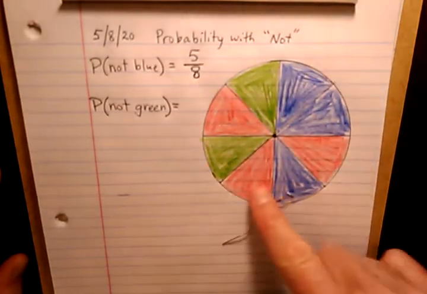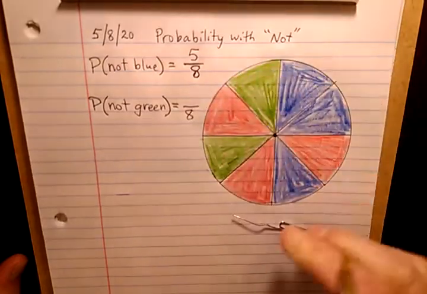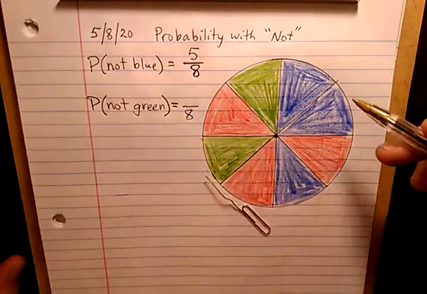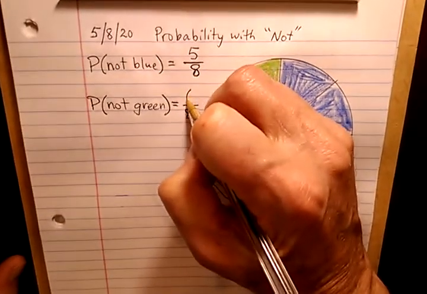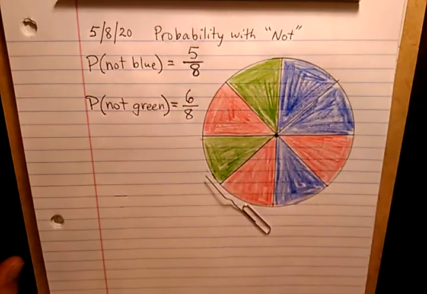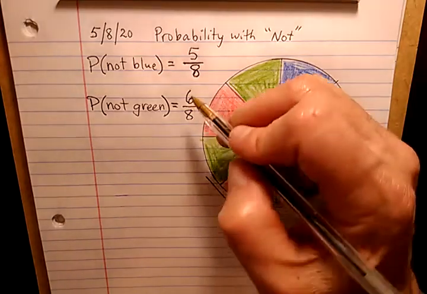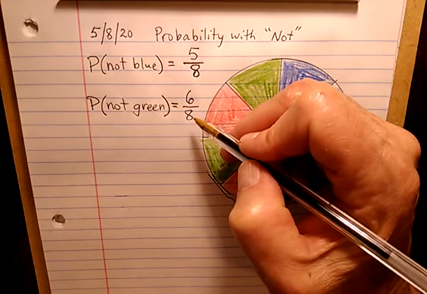Well, there are 8 total outcomes that could happen, 8 spaces that our spinner could land on. And the ones that are not green are 1, 2, 3, 4, 5, 6. So the probability of getting not green would be 6 out of 8. We can simplify probability ratios just like we simplify fractions.